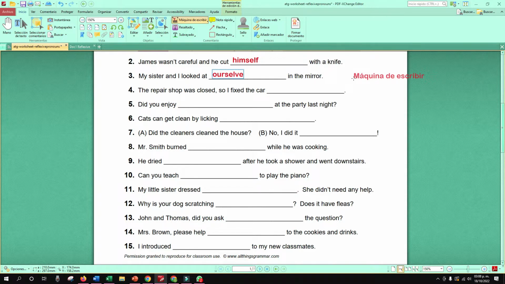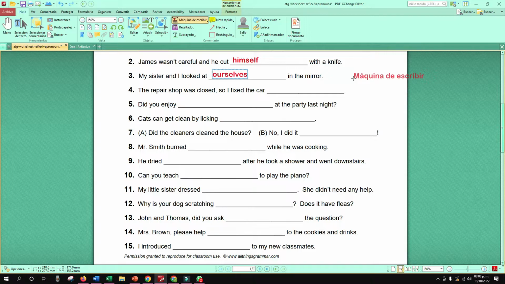In that way, Miss Wendy? ¿Está correcta así? Yes, ourselves in the mirror. Ourselves, right? Selves. So, my sister and I, nosotros, ¿verdad? My sister and I look at ourselves in the mirror. Excellent. Good.